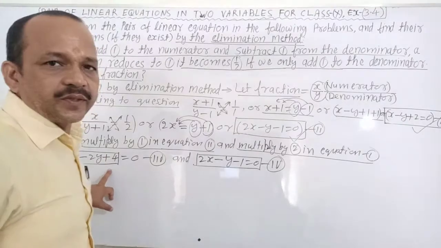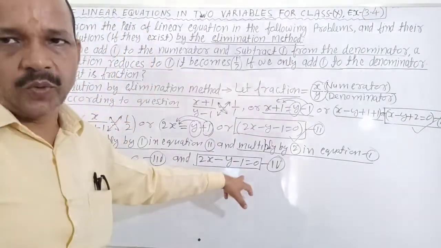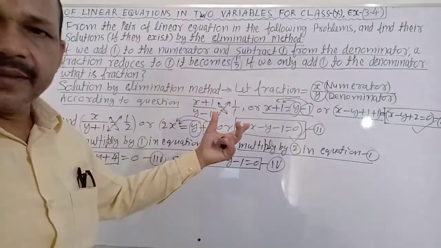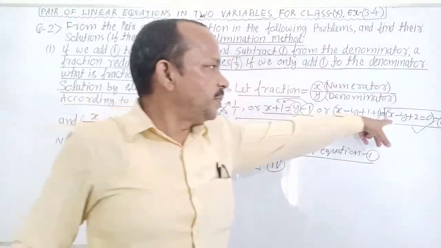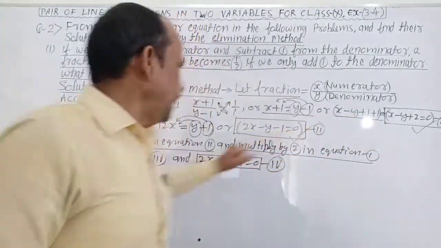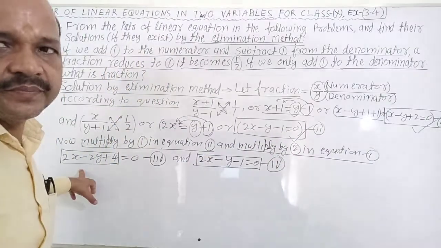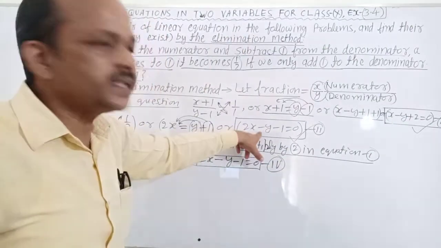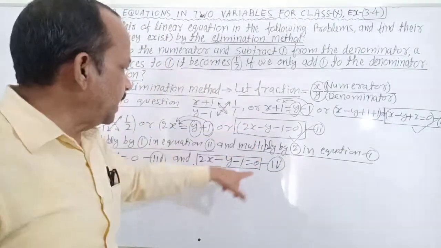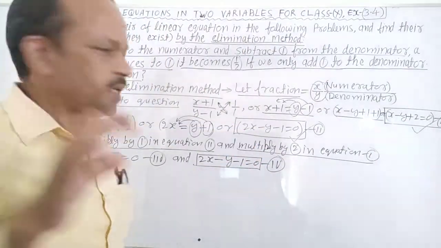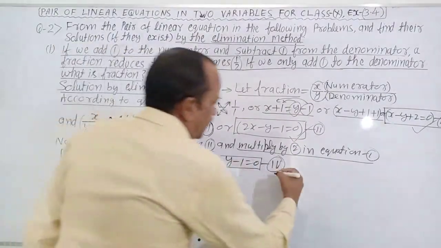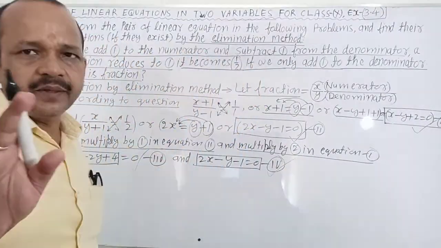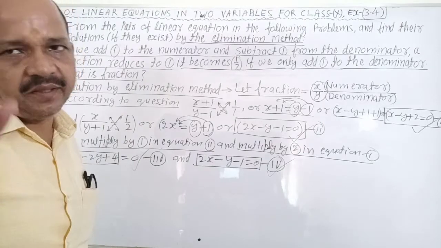When you multiply by 2 in equation first, you find equation third. When you multiply by 1 in equation second, you find equation fourth. Equation third and equation fourth is clear? No confusion about it? Very good.